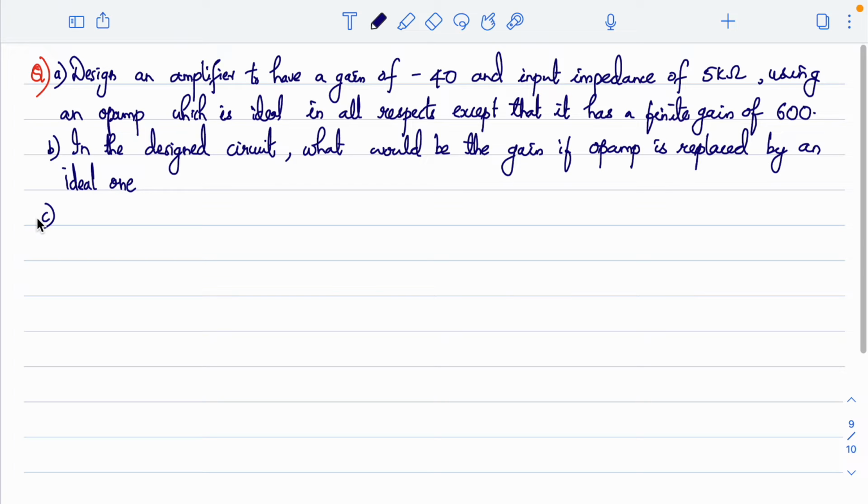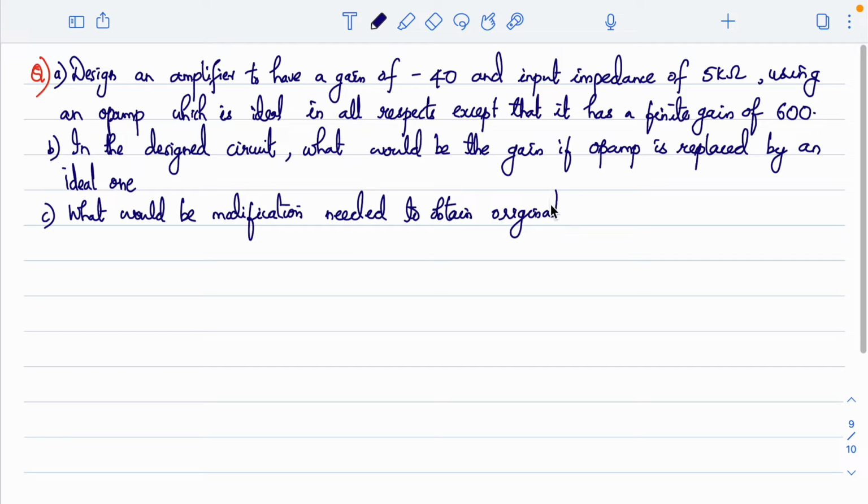Basically, the question is the closed loop gain of the circuit. One more part is there: what would be the modification needed to obtain the original gain with the same input impedance with an ideal op-amp? So these are the three parts of the question.